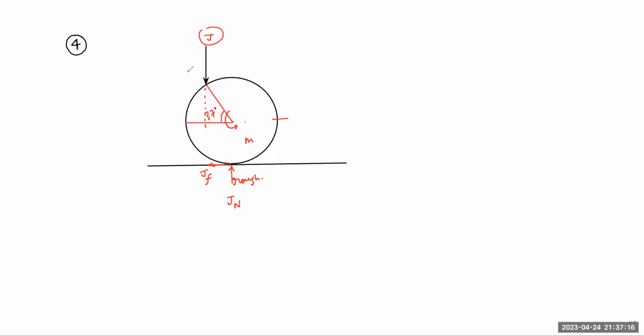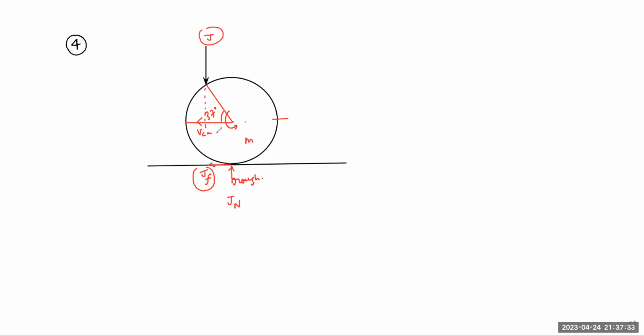Minimum value of coefficient of friction between sphere and surface to avoid slipping. So this J_f, the moment, because the tendency will create a V_CM, and that should be equal to omega R, right? Correct.